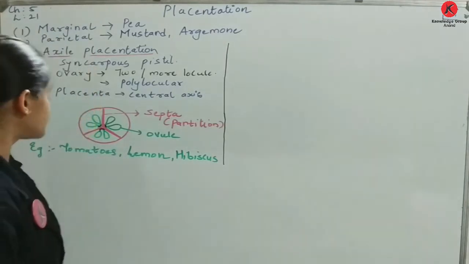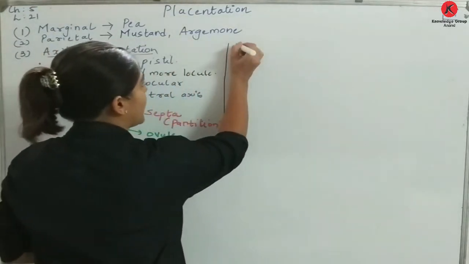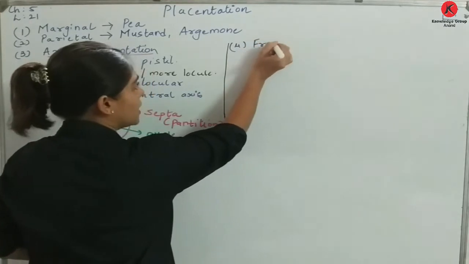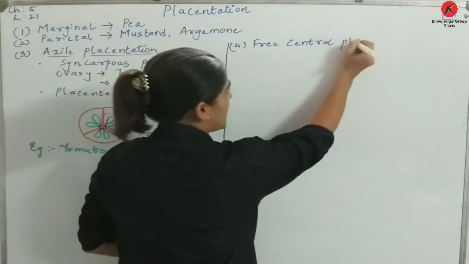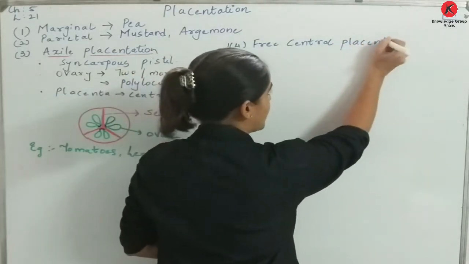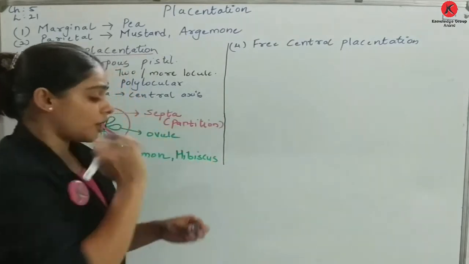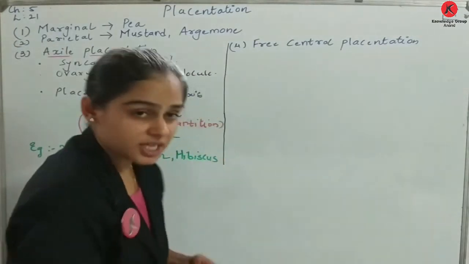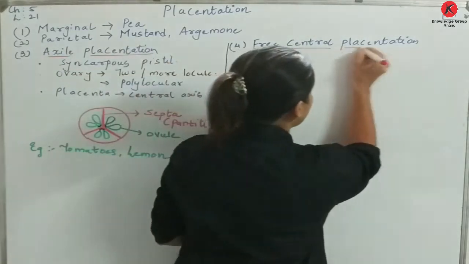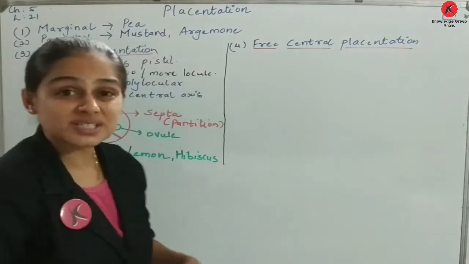Okay, let's discuss your fourth type of placentation, and that is what I mean by free central placentation. What have I written here? Free central placentation. Okay. Now, if I am talking about free central placentation, then what is the carpel like here?